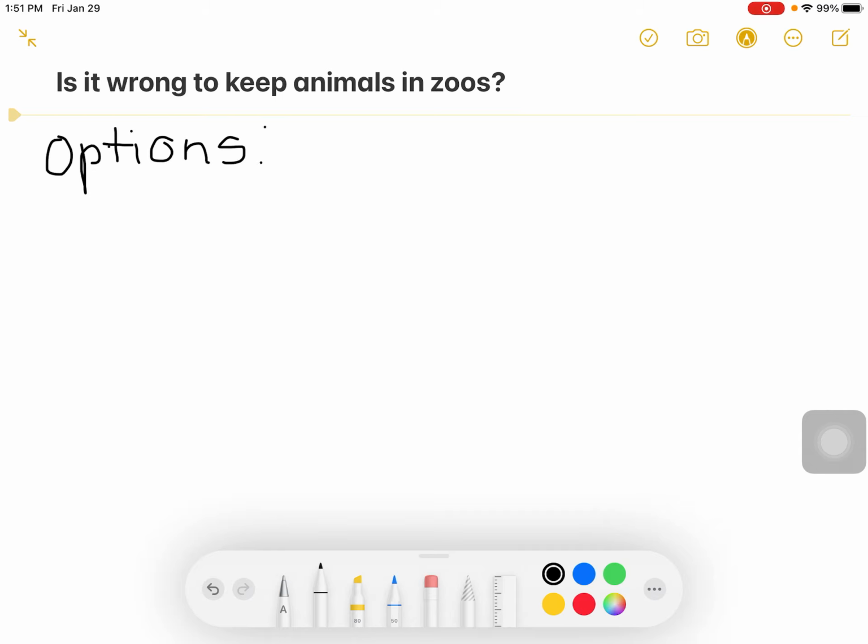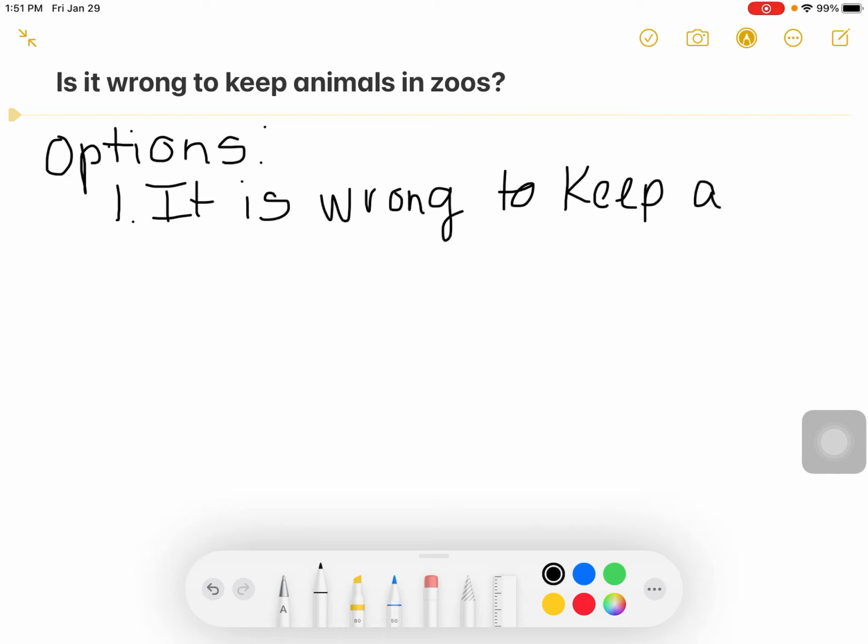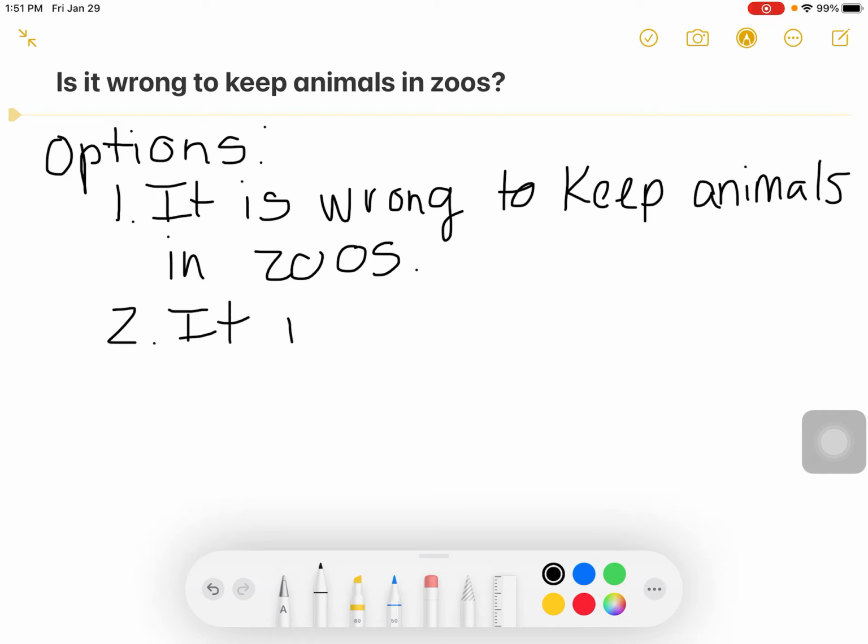My options when writing this paper, because there's only two, is: it is wrong to keep animals in zoos. And my second option is: it is not wrong to keep animals in zoos.